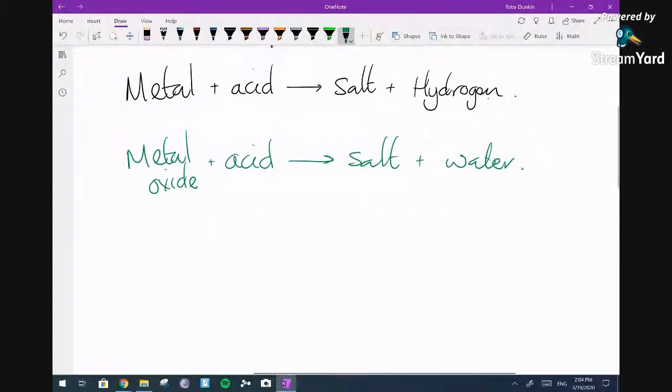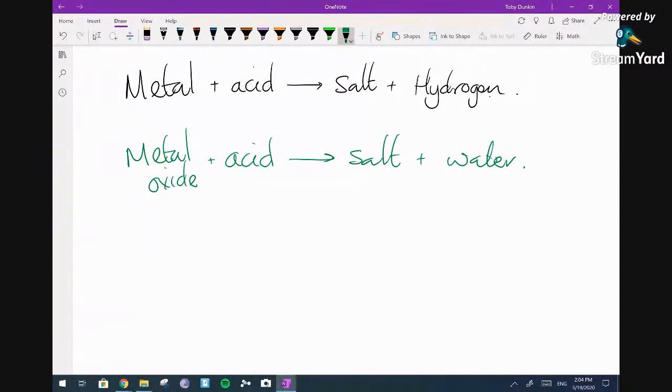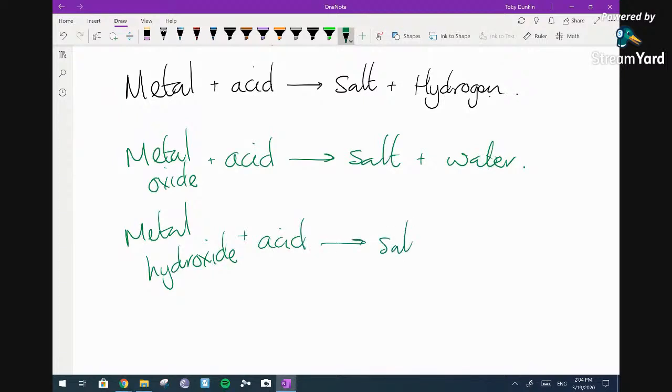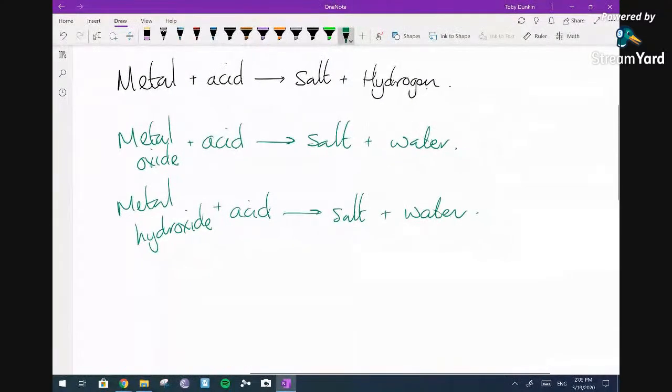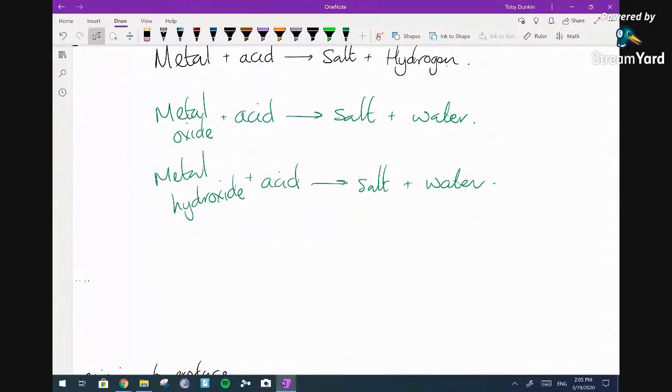Now I'm going to stick with green, and there's a reason for this. Metal hydroxide plus acid, notice I'm still in green, salt and water. The reason I've done that is because the equation is going to be the same. It gives me the same products, which is a really useful trick to know.